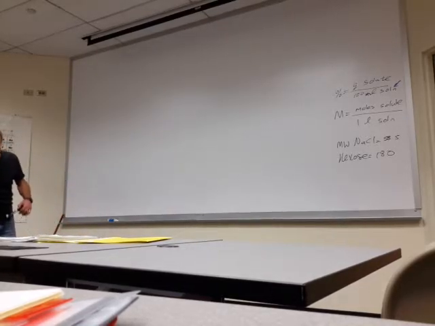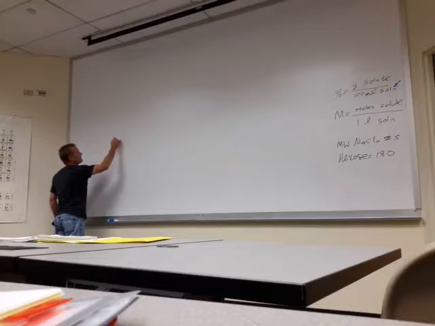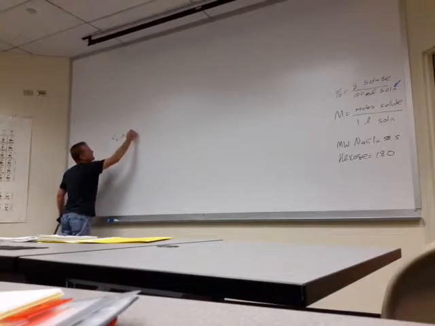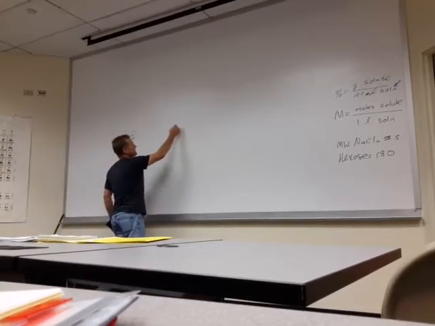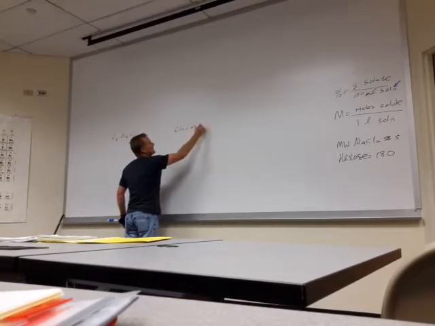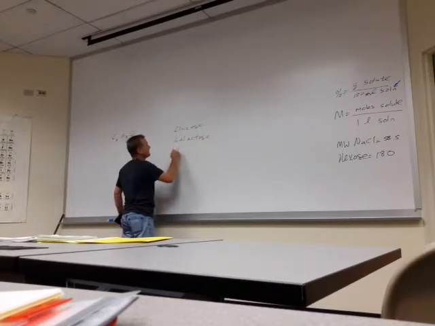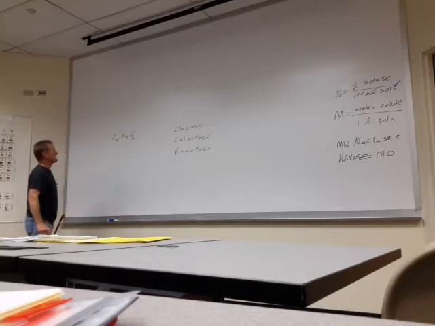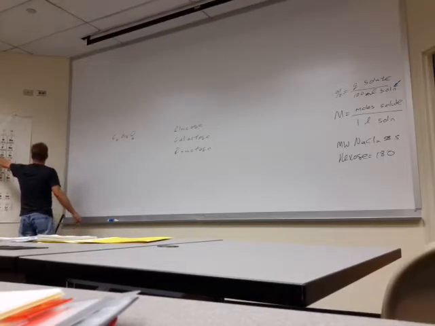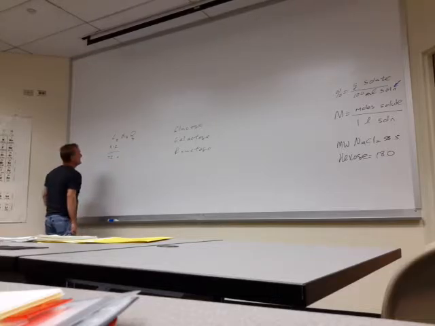But in biology and physiology, that's how we do it. In other words, hexose sugar, 6 carbons. Your hexose sugars are glucose, galactose, fructose. And they're all C6H12O6.